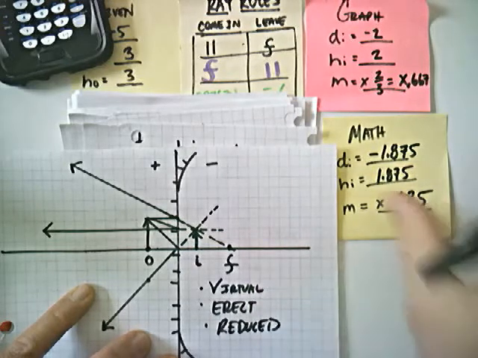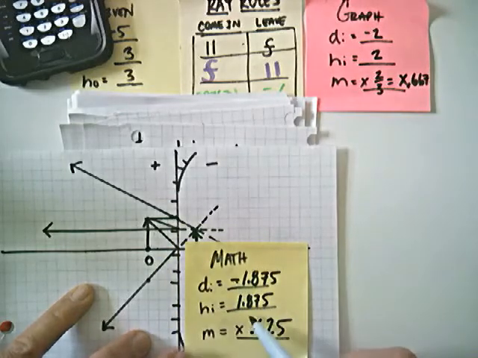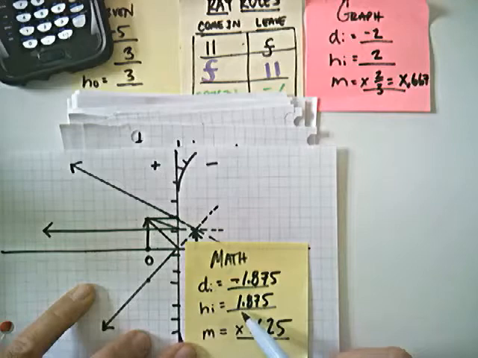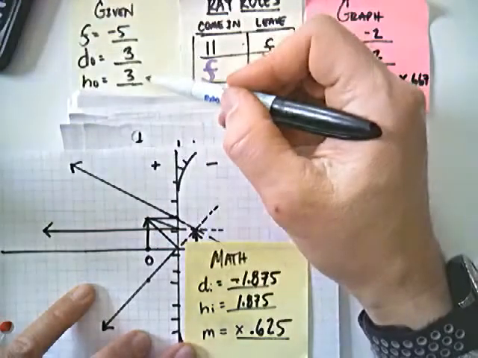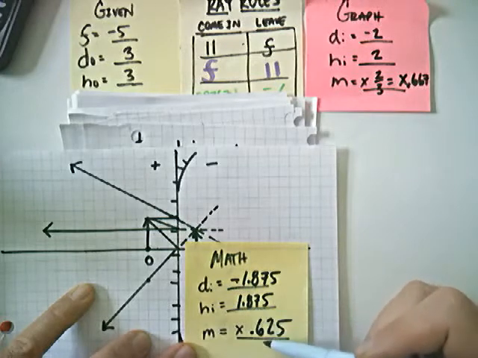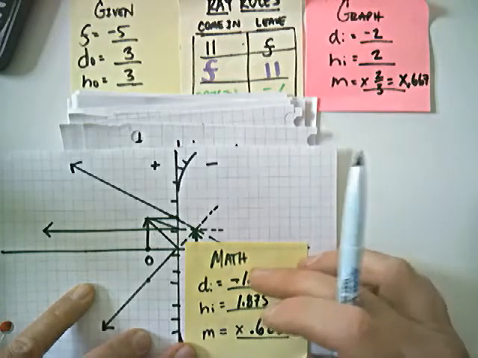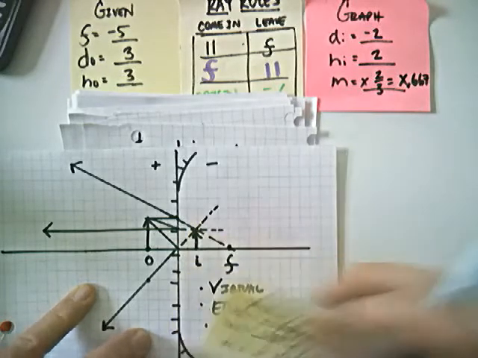Looking at the numbers, you can tell the same stuff. The negative sign means virtual. The fact that it's smaller than the original object height of 3, you're like, okay, it's reduced. And you can also tell it's reduced because the magnification is less than 1. And it's erect because the sign of the magnification is positive and the sign of the image height is positive.